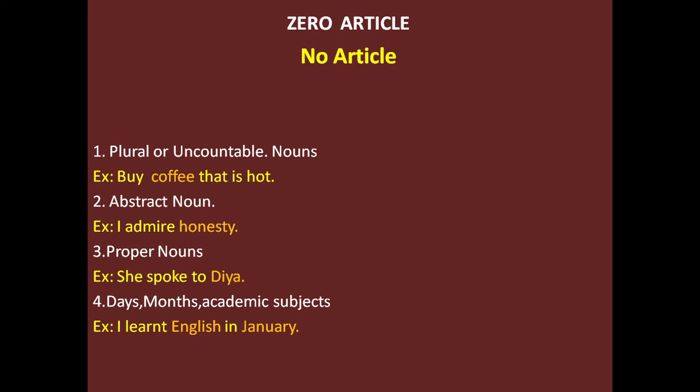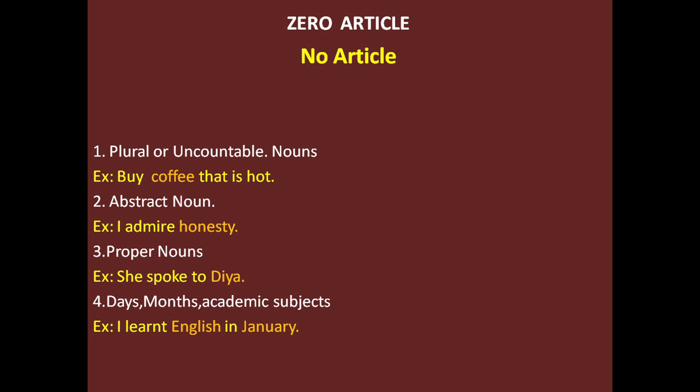People don't realize that sometimes a teaser is given. No article is necessary there, but a blank is given. And because you assume that it has to be filled, we make a mistake by adding an article. When there is no article, it is a zero article.